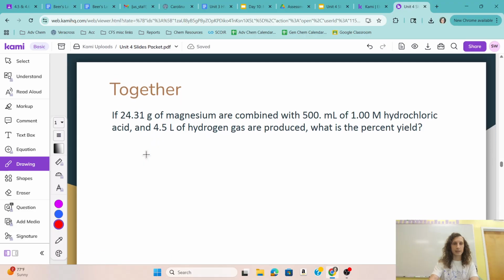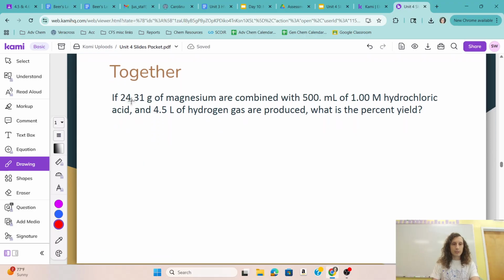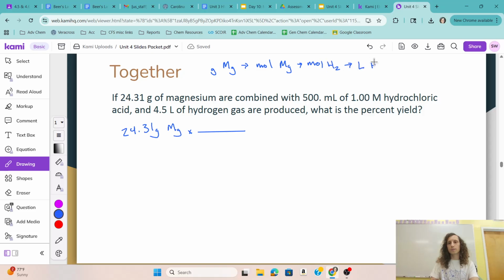Identify that limiting reactant. So I'm going to take the grams of magnesium first because that's easier. 24.31 grams of magnesium, and I'm trying to get into liters of H2 gas. So let me just write that up here: grams of Mg to moles of Mg to moles of H2 to liters of H2. Okay, so my molar mass of magnesium is that amount, 24.30.